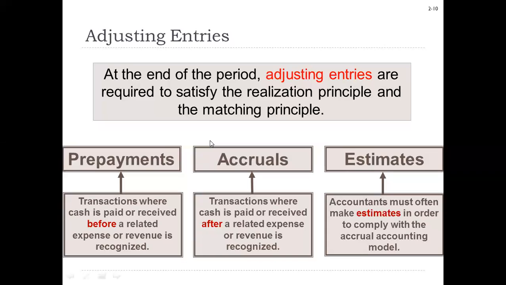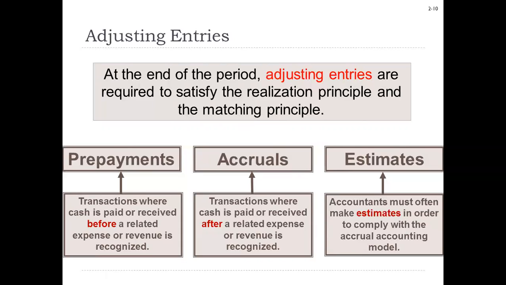So here's adjusting entries. Again, these are entries made at the end of the period to take care of timing differences mainly, and to make sure that the matching principle is met. Adjusting entries are probably one of the hardest concepts to get.